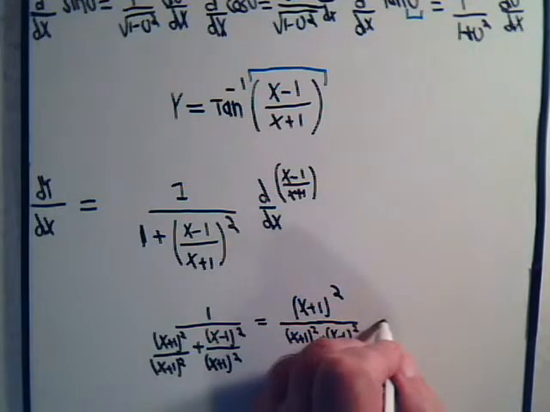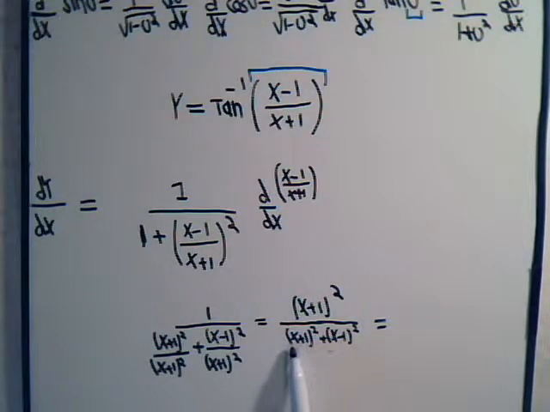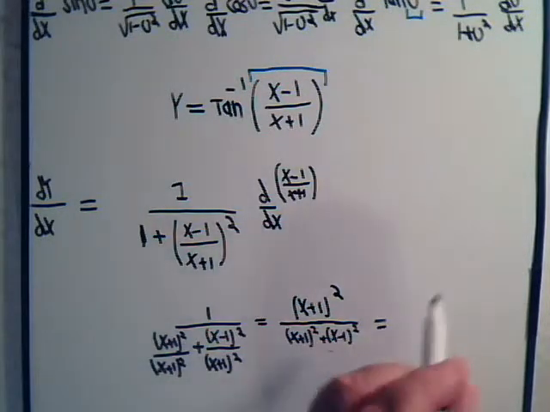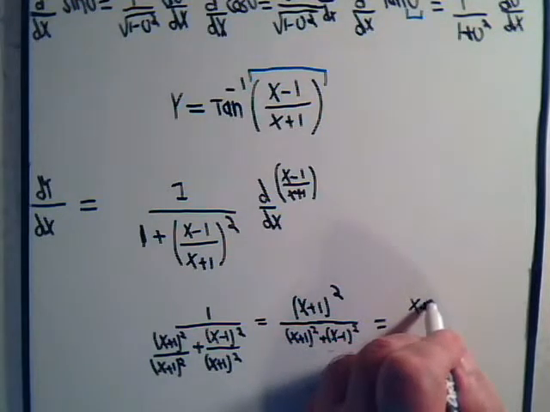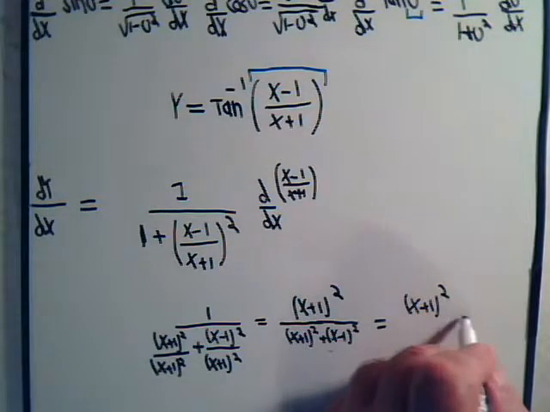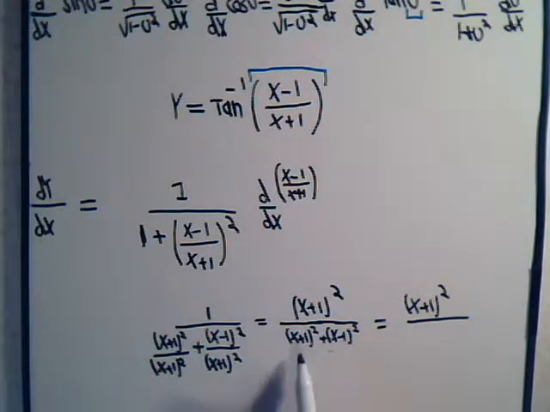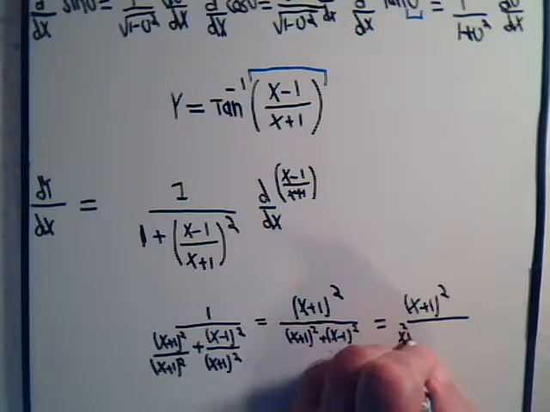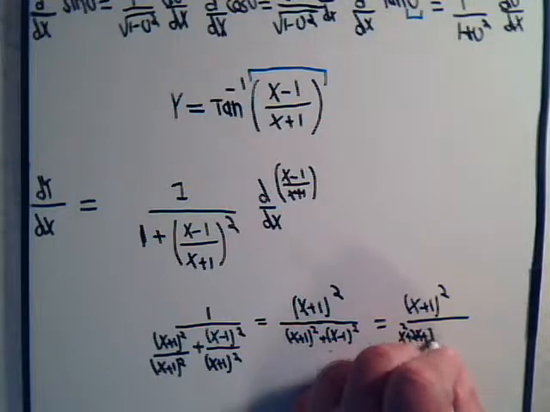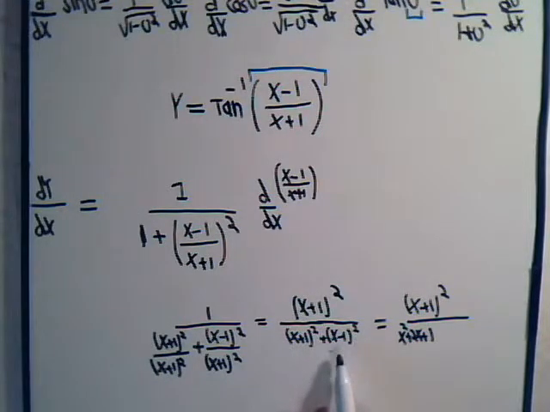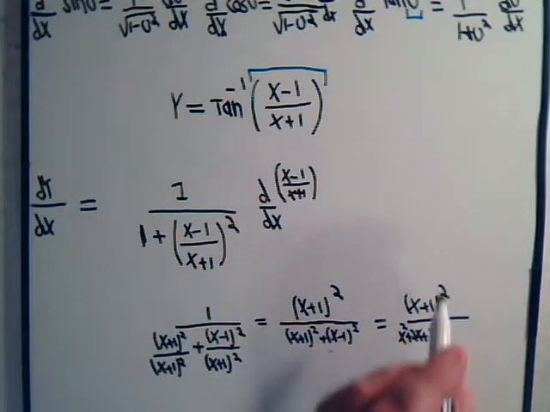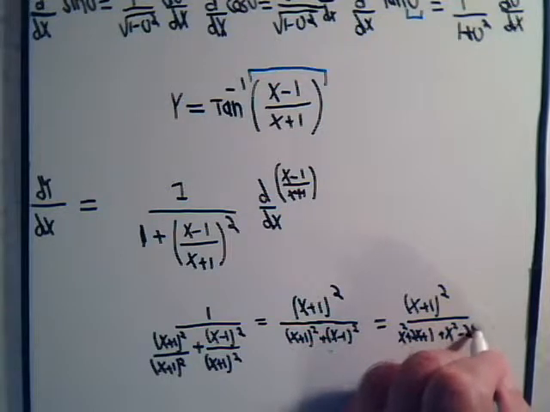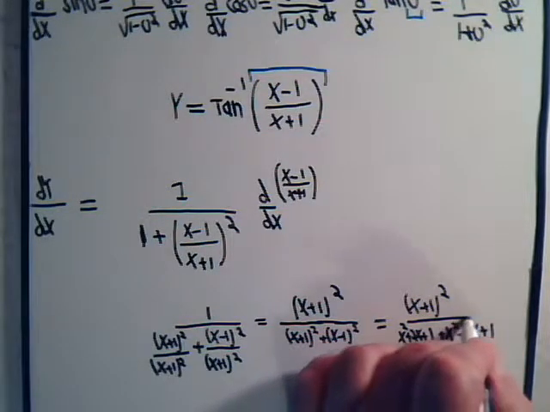Okay, we're going to multiply these out and see if it helps us simplify things, because here you see you have a plus 2x, and here we have a minus 2x when we multiply out. Leave the numerator alone for right now. This squared divided by x squared plus 2x plus 1, and then here we have plus 2x plus x squared minus 2x plus 1.